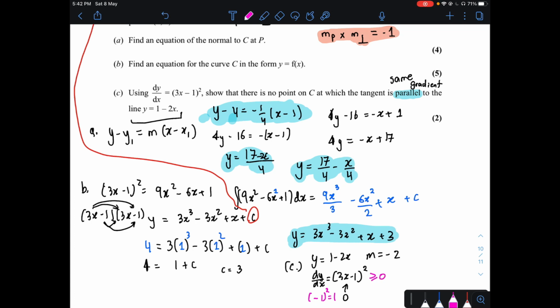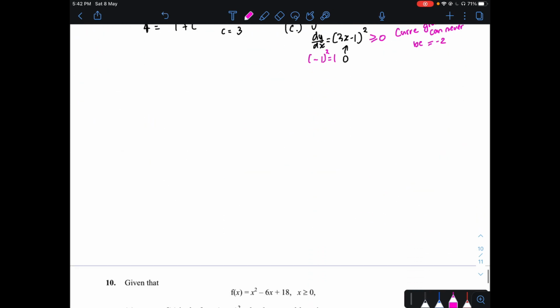So by that logic, the curve's gradient can never be minus 2 ever. So we know that there is no point on C at which the tangent is parallel to y equals 1 minus 2x. All right, that makes sense.